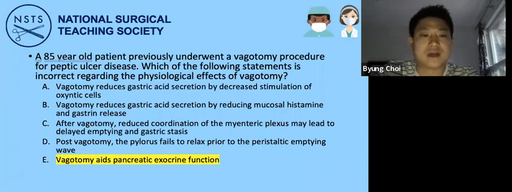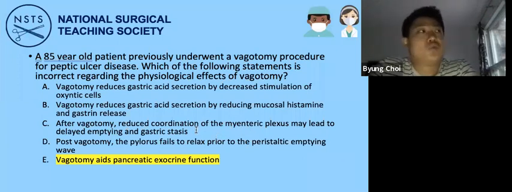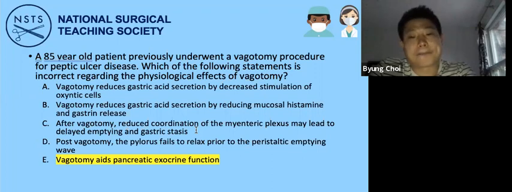Okay. And again, in C, a bit of a tricky one, because this is something which I probably wouldn't have known either at the time of doing the exam, but reduced coordination of the myenteric plexus may lead to delayed emptying and gastric stasis. When you get reduced coordination, which you do because you've cut the vagus, it doesn't just lead to delayed emptying and gastric stasis.